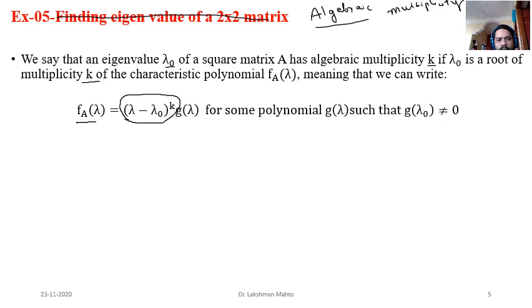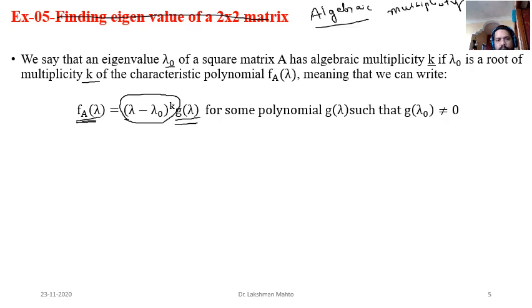Lambda minus lambda naught to the power k is present in this characteristic polynomial, and g of lambda is another polynomial where lambda naught is not a root of g of lambda. So lambda naught appears k times as a root of the characteristic polynomial.